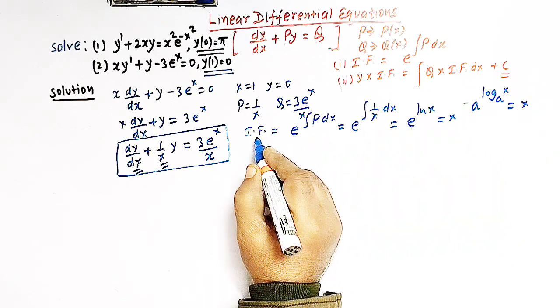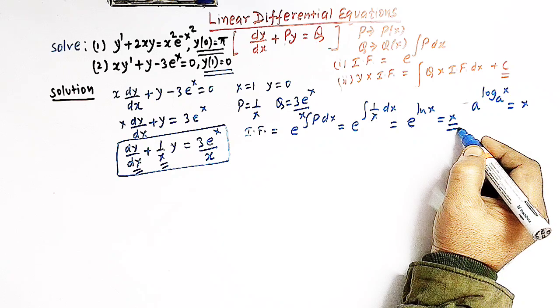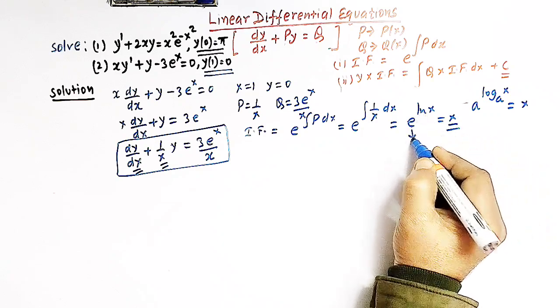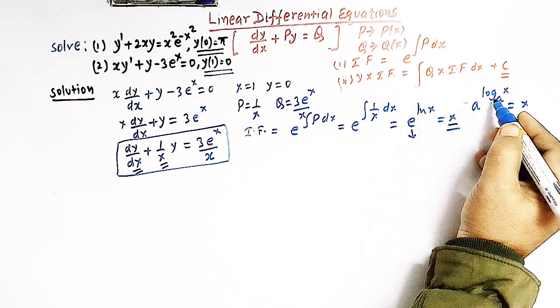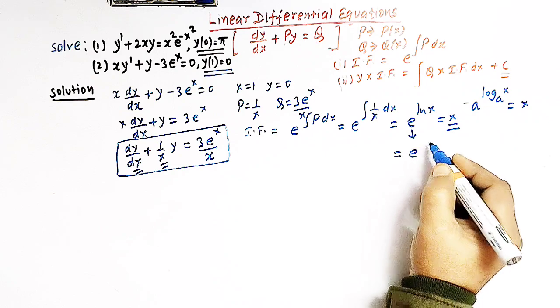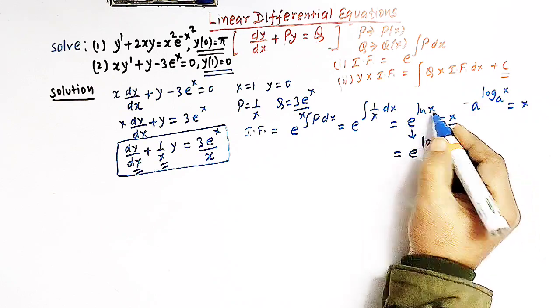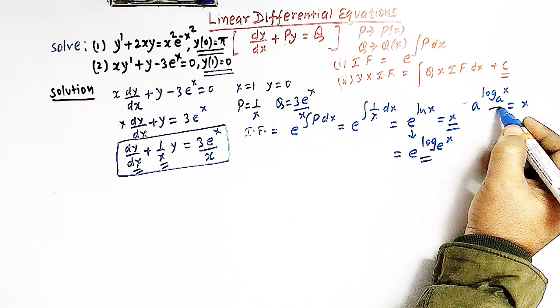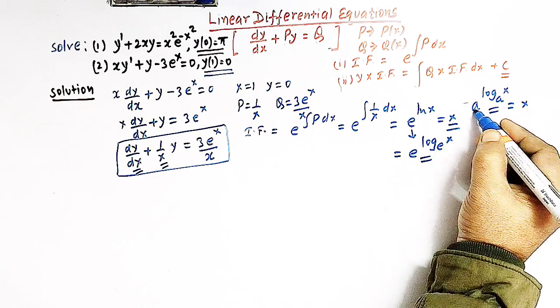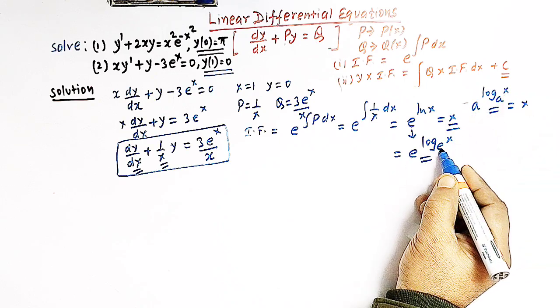So now the integrating factor is equal to x, and if we write this expression in this form, we have e raised to log, where the base is e, and then we have x. So this expression is similar to this one, so the value of a is e, right?